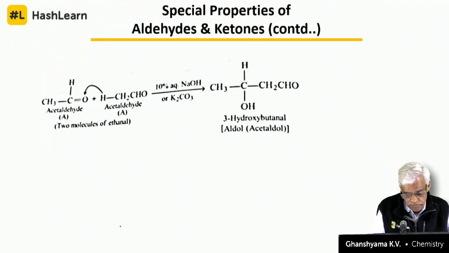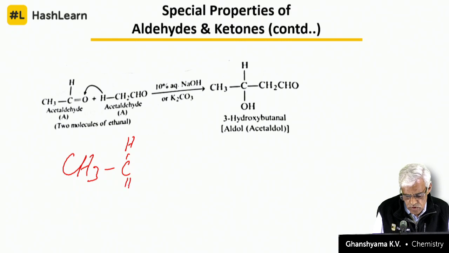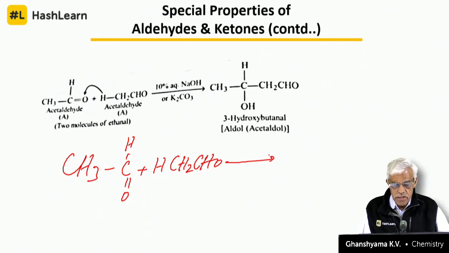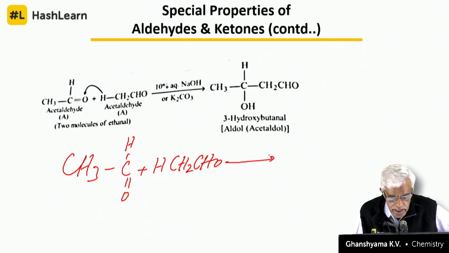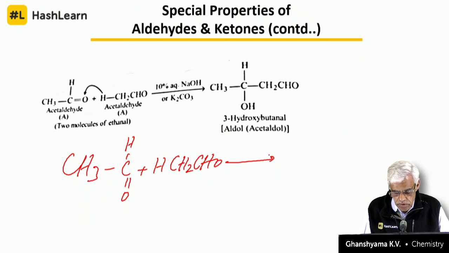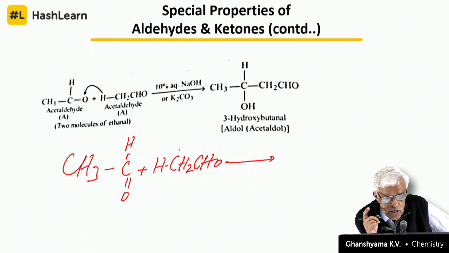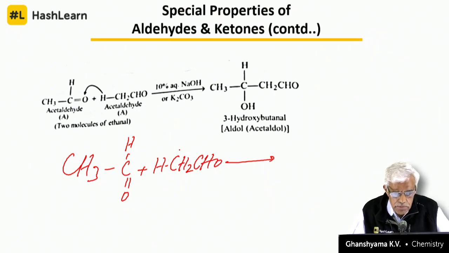So, aldol condensation, CH3 CHO plus H CH2 CHO in presence of a base like sodium hydroxide. I have already told you under addition reactions, if hydrogen is available, hydrogen adds on to oxygen, remaining group adds on to carbon.